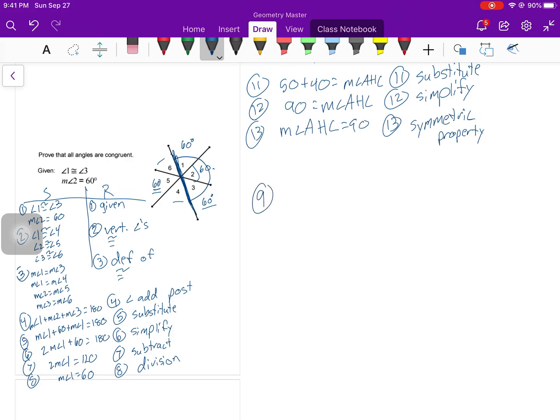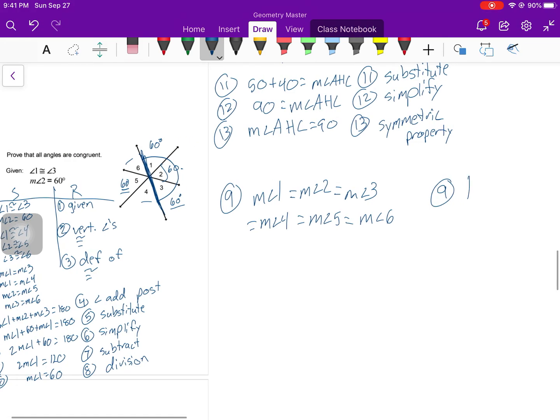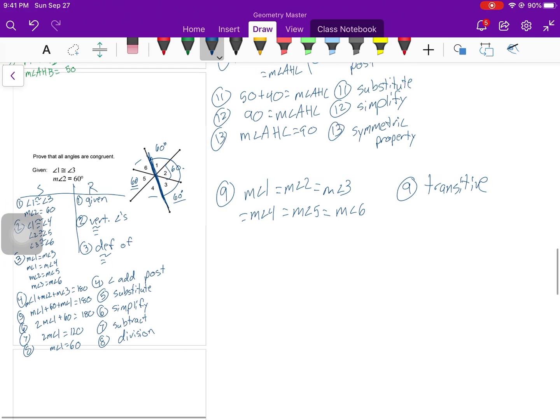So step 9 is going to be that measurement of angle 1 equals the measurement of angle 2 equals the measurement of angle 3 equals the measurement of angle 4 equals the measurement of angle 5 equals the measurement of angle 6. That is my transitive property. All right.